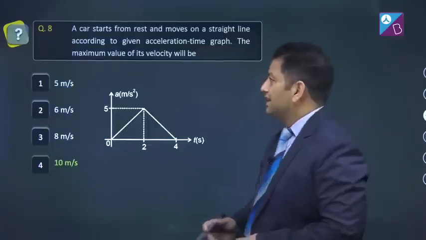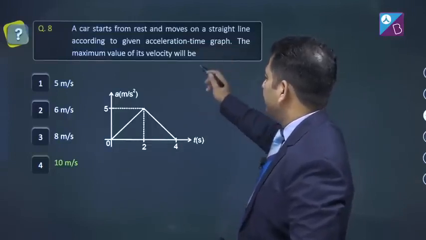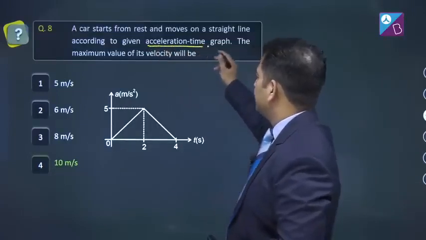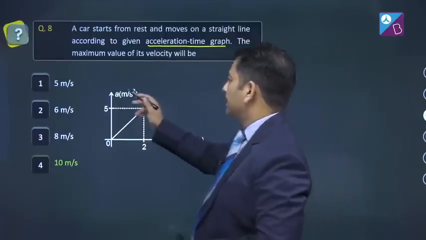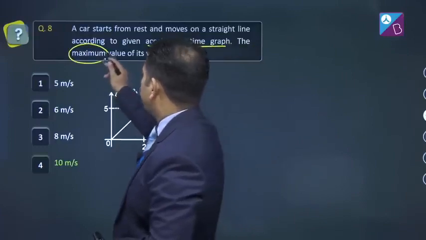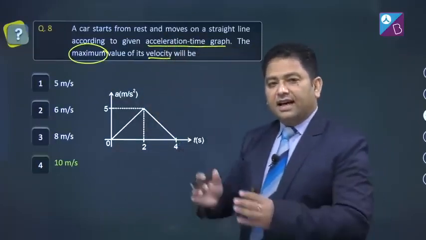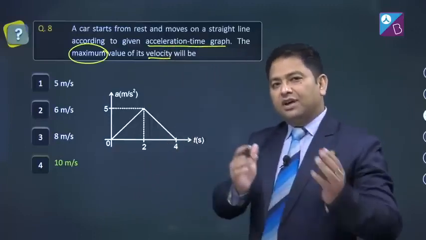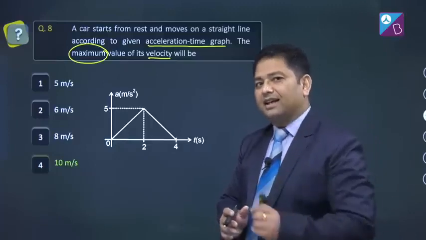What does it say? A car starts from rest and moves on a straight line, and it is given with the acceleration time graph. हमें calculate करना है maximum value of velocity. Now the first thing is, acceleration की मदद से if you have to calculate velocity, तो क्या करते हैं? Area निकालते हैं, right?